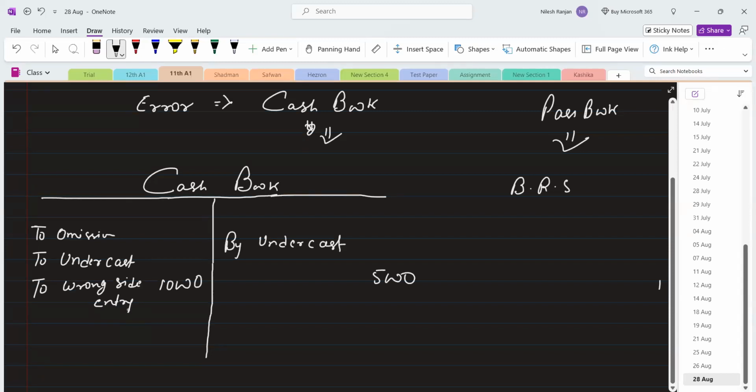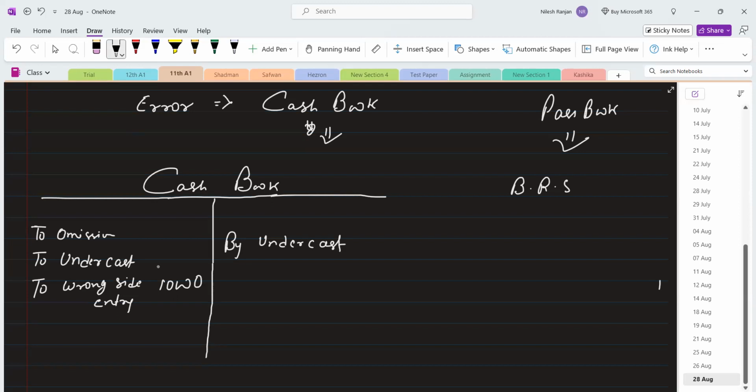Now you have some confusion about why I'm writing double amount, or you understood? You understood why I'm writing 10,000 on the debit side, or you have some confusion about it?